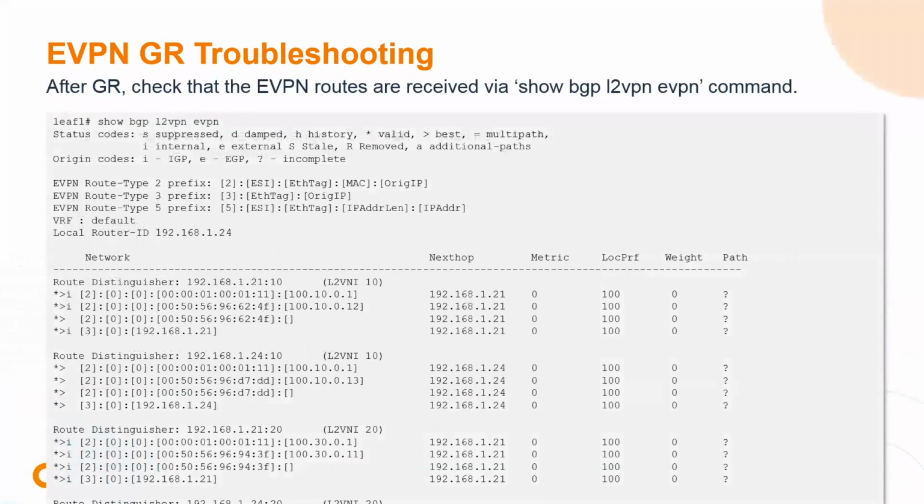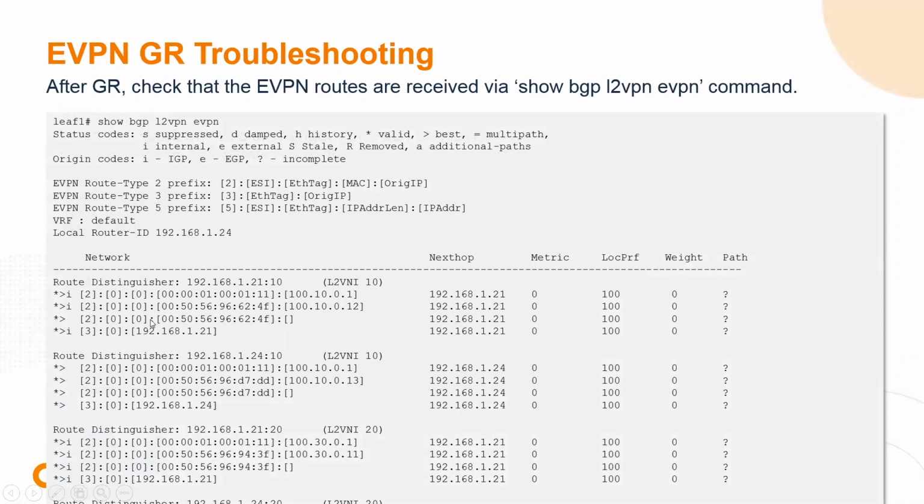Next, after GR we have to check that the EVPN routes which were previously there are received, via the show BGP L2VPN EVPN command. This command shows the next hop and the type of the route received.